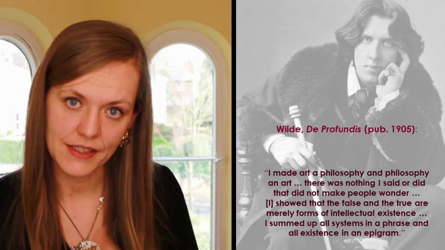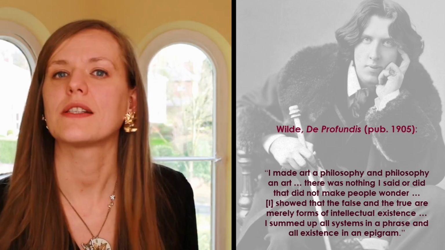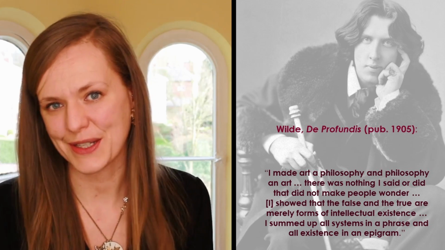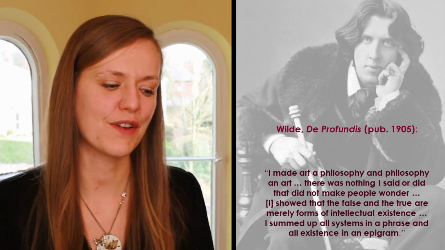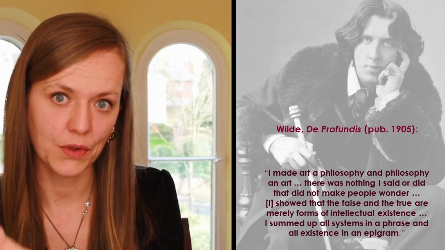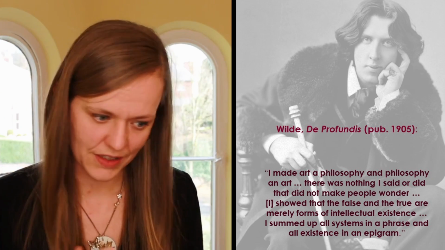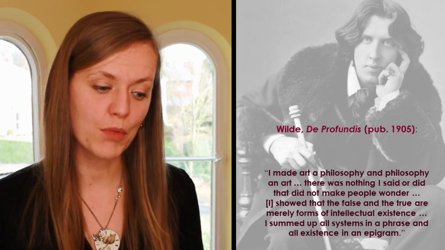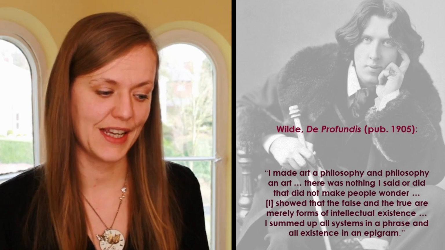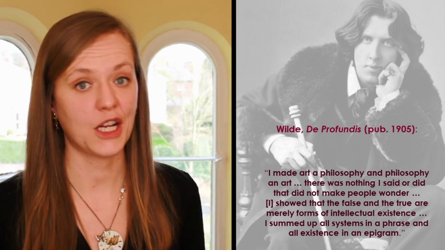As I was saying in Samuel Johnson's phrasing, accuracy is not as important as conciseness. So again, this idea of well-expressed style being what should be prioritised in art. Wilde continues, "I summed up all systems in a phrase and all existence in an epigram."